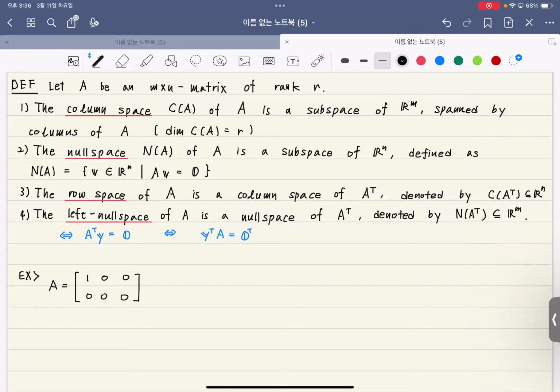We say they are the four fundamental spaces of matrix A. Let me try to find the four fundamental spaces of this matrix. To find a subspace, I mean to find the basis of the space.